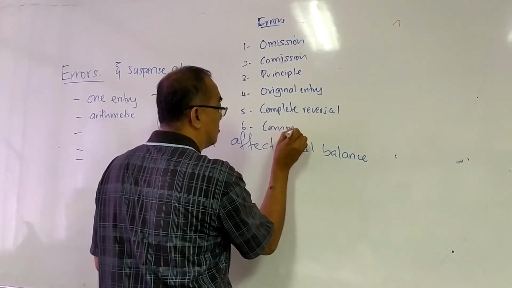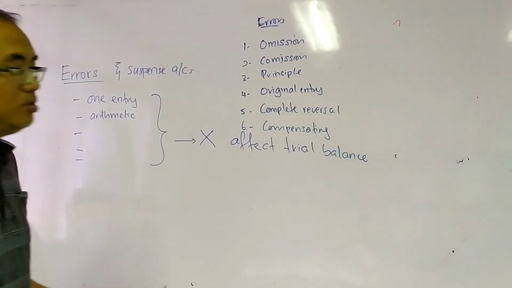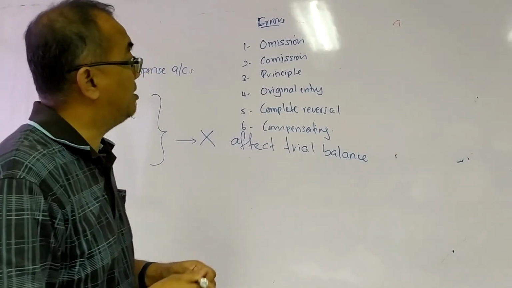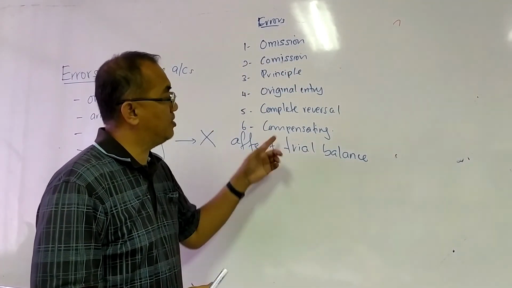Number six, compensating. We will look into these errors one by one: error of omission, commission, principle, original entry, complete reversal, and compensating.